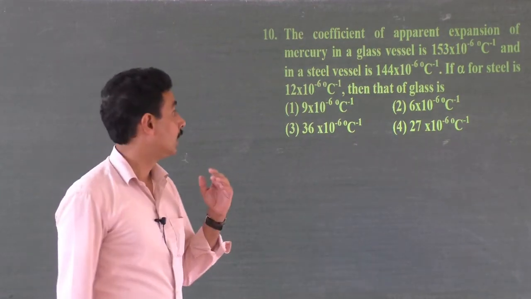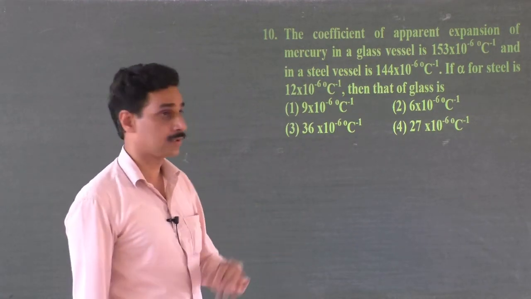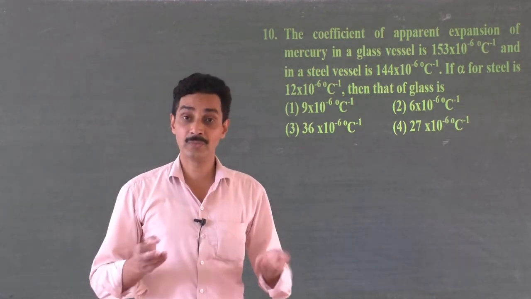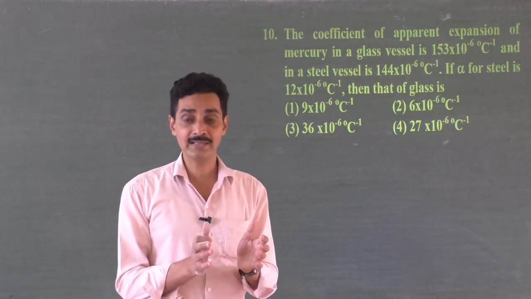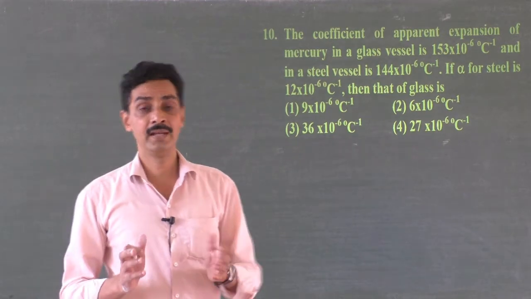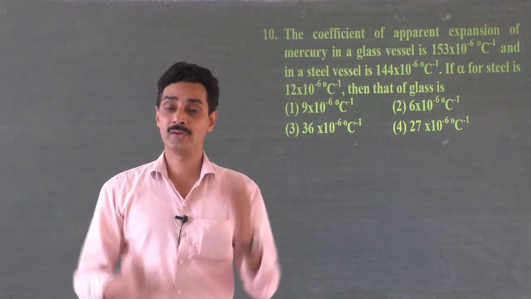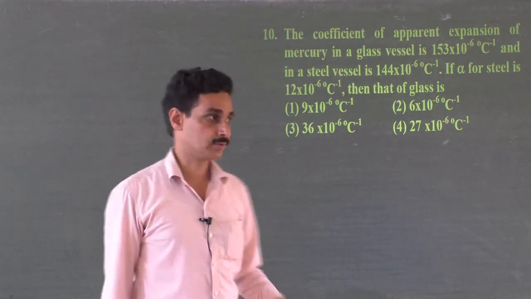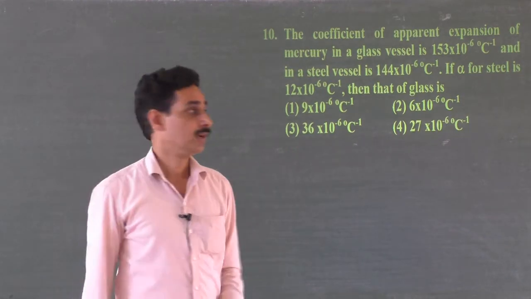If you heat mercury in glass vessel and steel vessel, its expansion, whatever is seen, is different, because mercury when heated in glass vessel expands in a different way than in steel vessel. So how much level of mercury goes up or down depends on the container also. That is apparent expansion. Truly, mercury expands by the same amount.